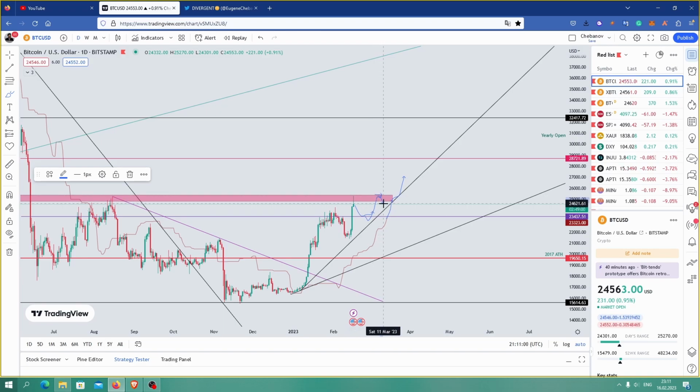If we fail to break it, then we will approach the Kijun right upon the trend line. And if we break it at that moment and lose this Kijun support, then we will retest it, and then we will go lower.